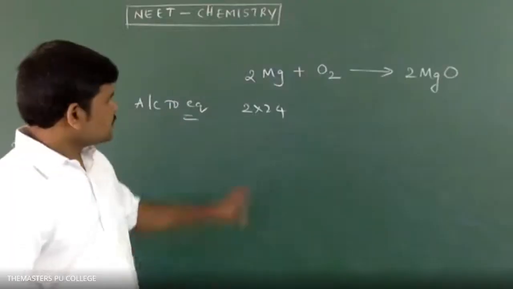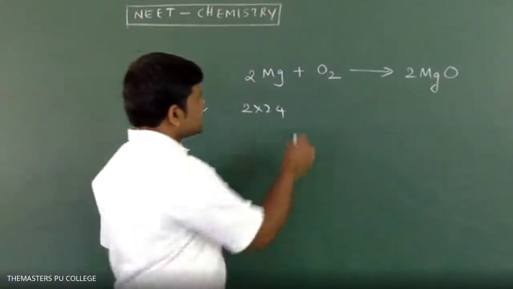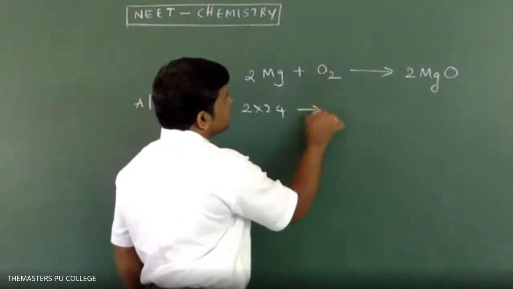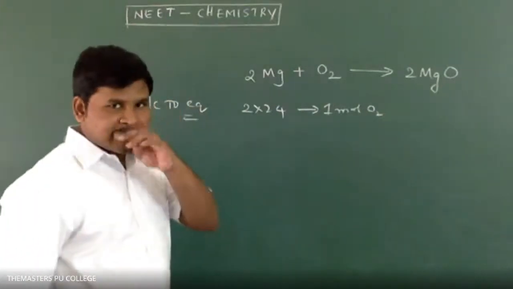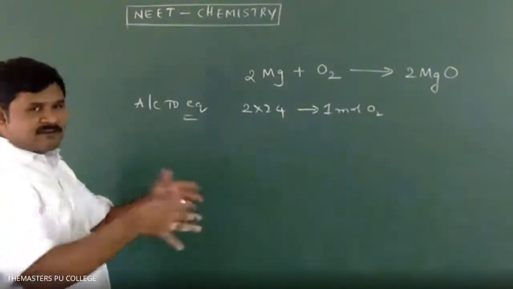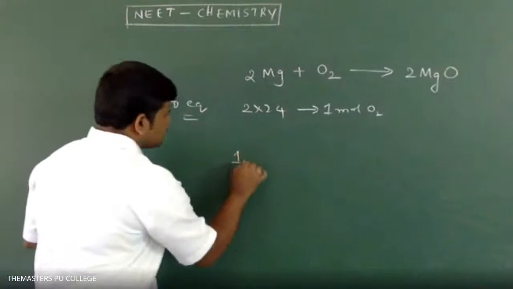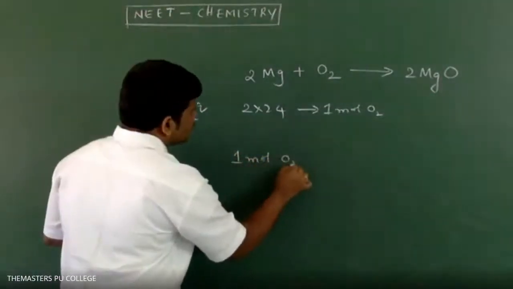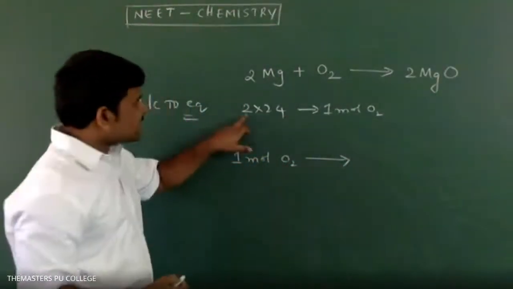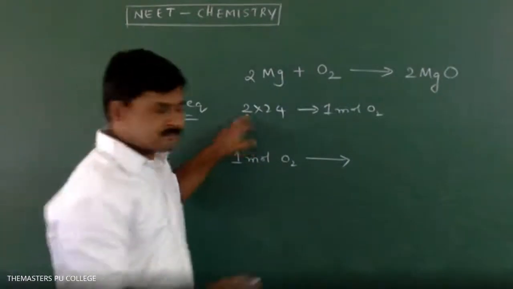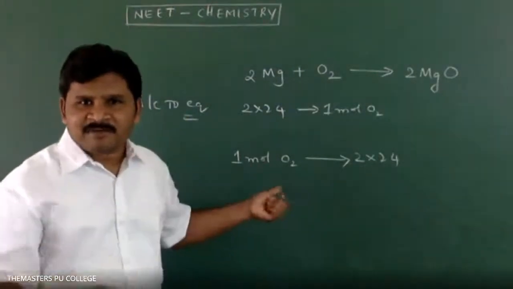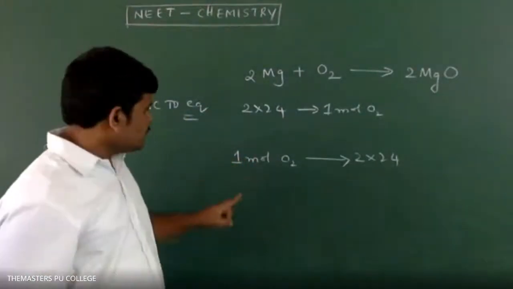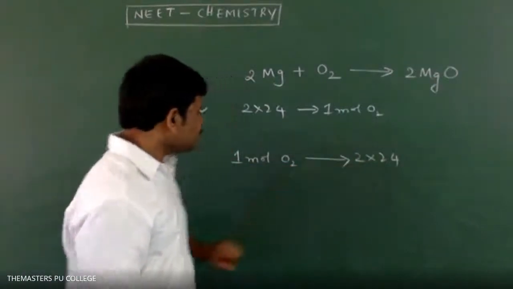So 2 into 24 grams of magnesium requires 1 mole of O2. See, I am reframing it like this: 1 mole of O2 requires how much magnesium? 2 into 24. According to the problem, I changed this data.